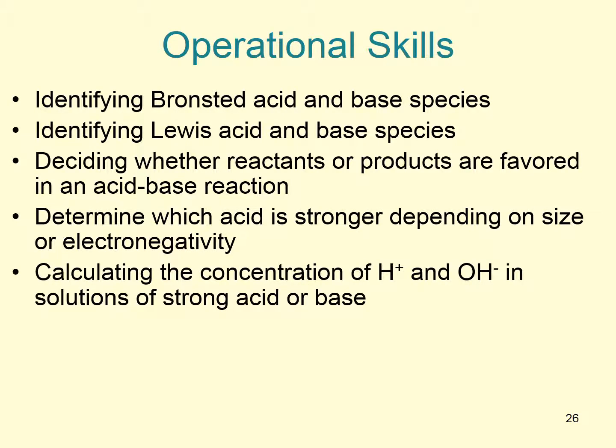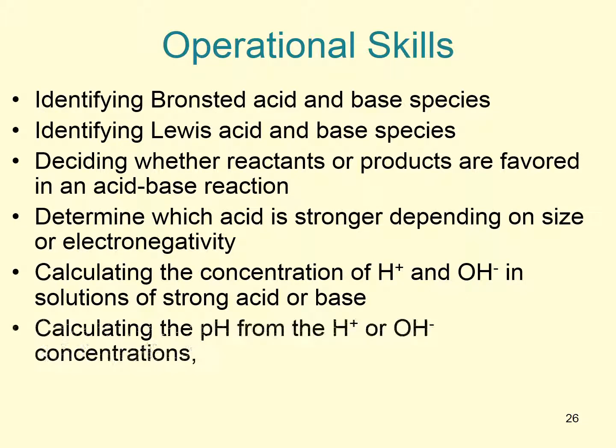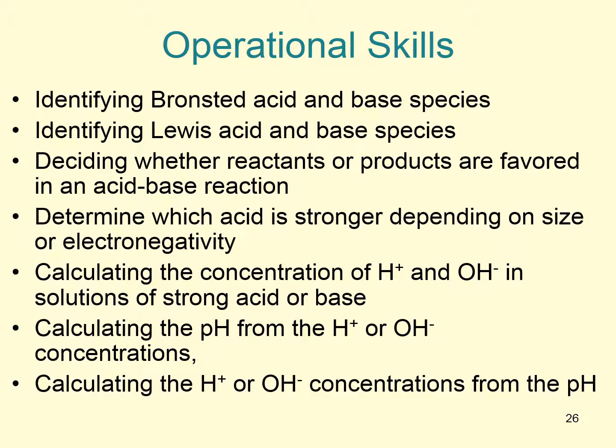Be able to calculate the concentrations of H plus and/or OH negative in solutions of strong acid or base. Be able to calculate the pH from the H plus or the OH negative concentrations. And you probably also want to be able to calculate the pOH, and then you'll be able to calculate H plus or OH negative concentrations if you already know the pH.